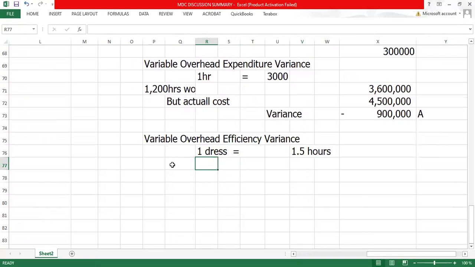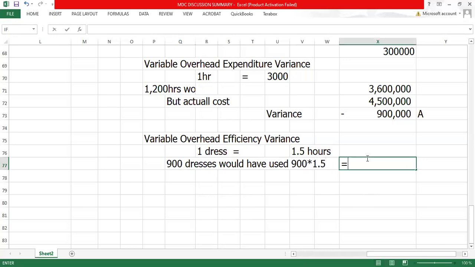You made how many dresses? 900 dresses. Would have used how many hours? 900 times 1.5.